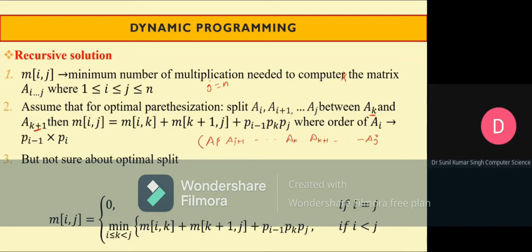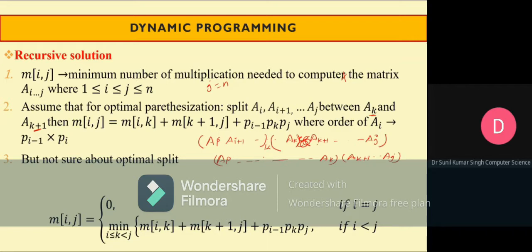So split from here. Just focus here, you'll find out the things. This k can be here also. It can be something like this. Maybe we can have another scenario, where this k is somewhere here and this part is smaller.